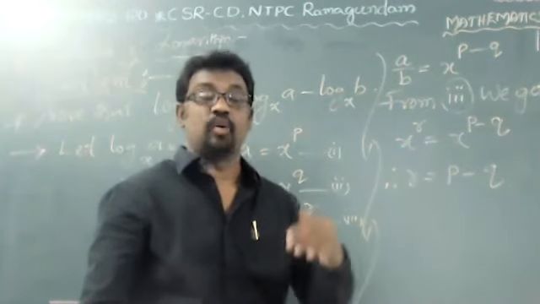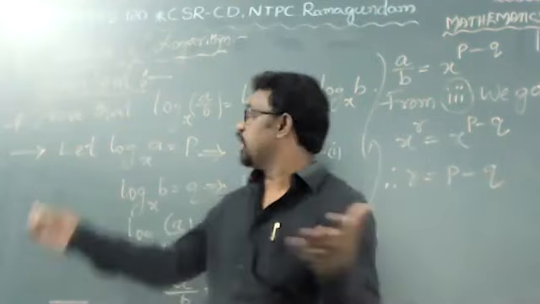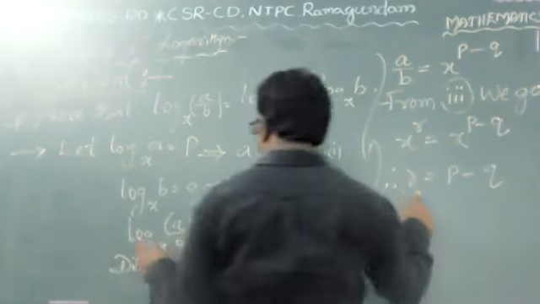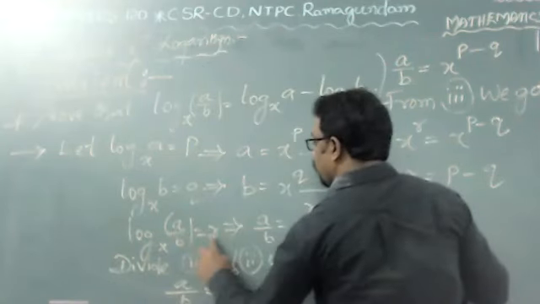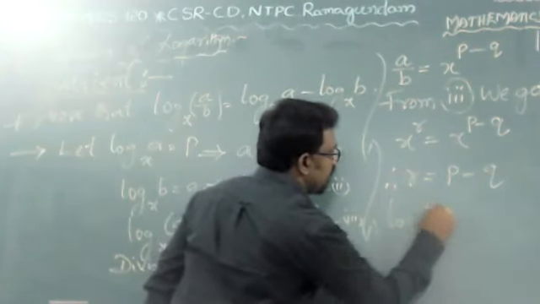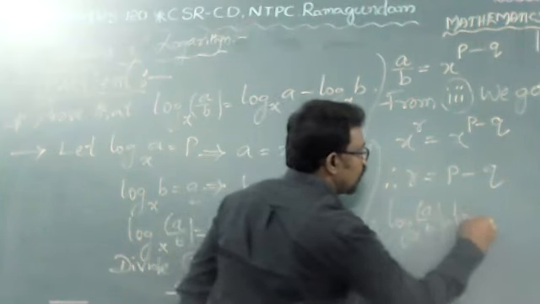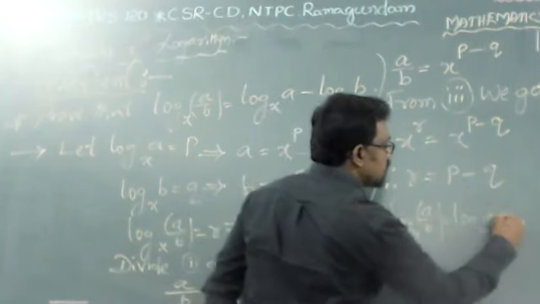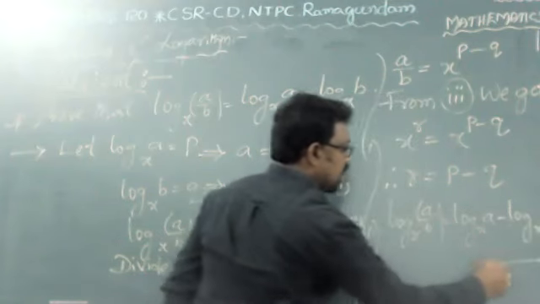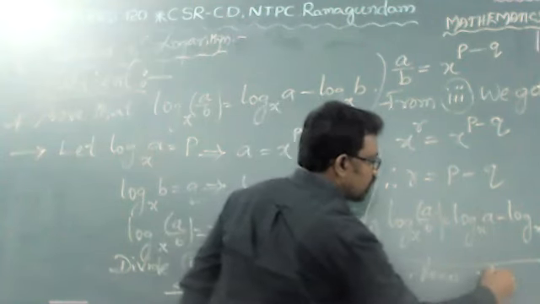Now replace the values of P, Q, R and you will get the result of this one. R is equal to this one. So log A by B to the base x is equal to log A to the base x minus log B to the base x. And it is proved. Hence proved.